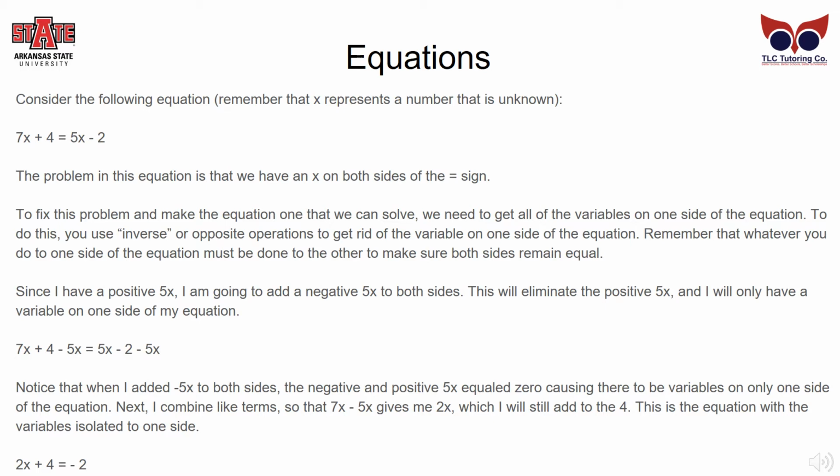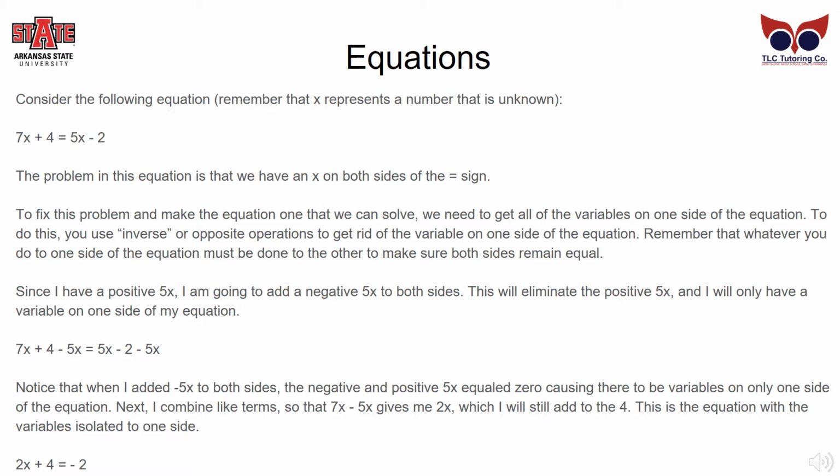To fix this problem and make the equation one that we can solve, we need to get all of the variables on one side of the equation. To do this, you use inverse or opposite operations to get rid of the variable on one side of the equation. Remember that whatever you do to one side of the equation must be done to the other to make sure both sides remain equal.